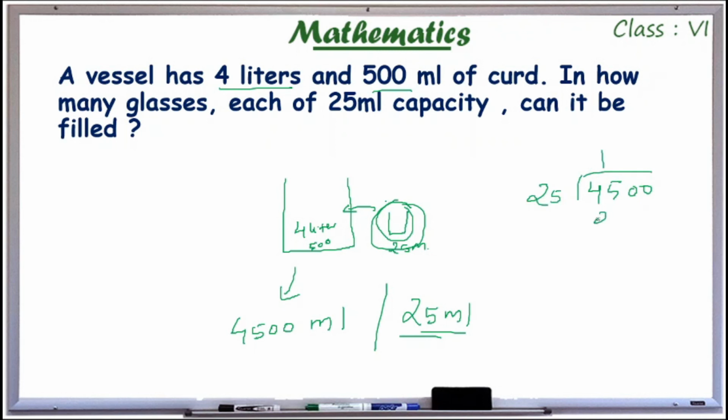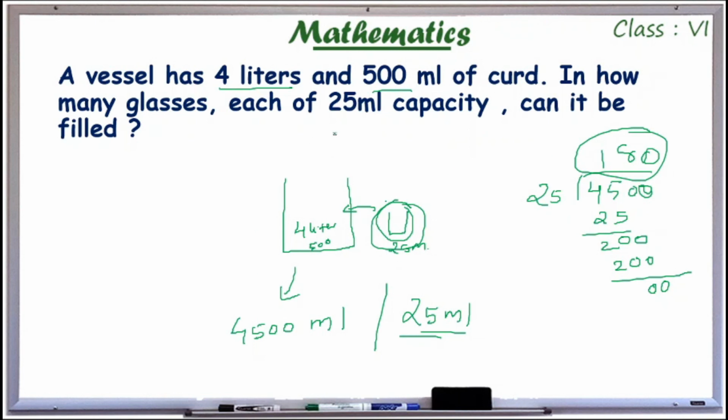So 1 into 25 is equal to 25, 0, 2, 200, so 8. So you can multiply or you can divide, it's your own choice. 0 and 1 0 is here, so I give 0 in the quotient. So 180 is the answer.